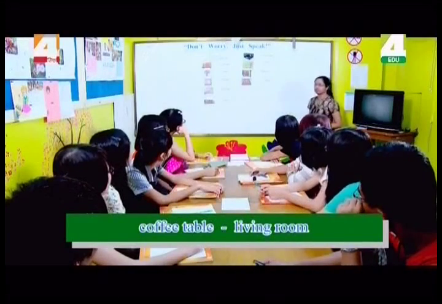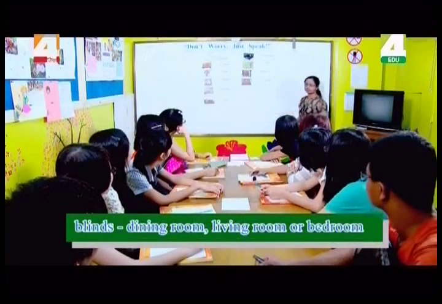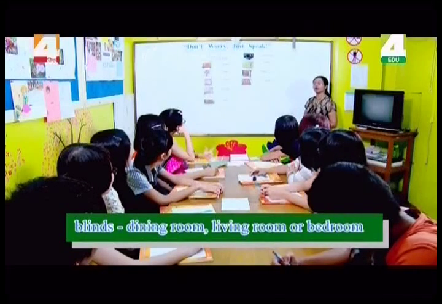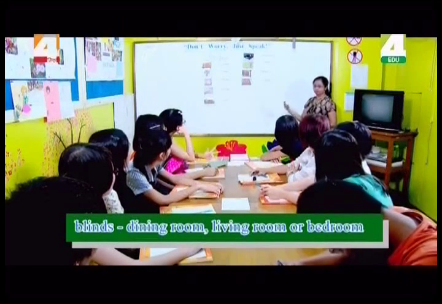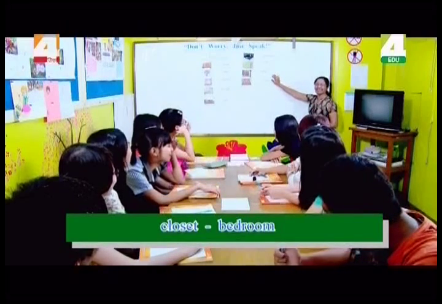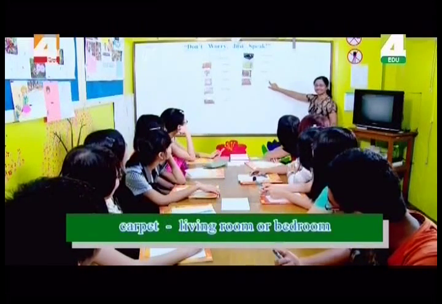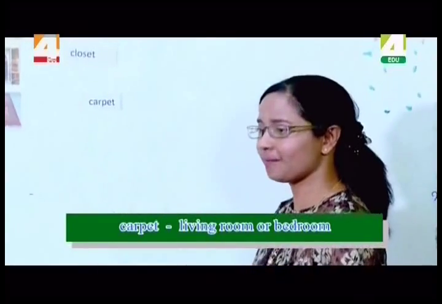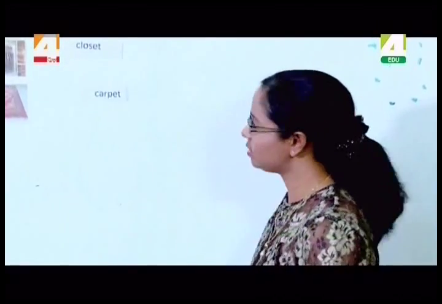Coffee table? Living room. Blinds? Dining room or living room or bedroom. Right. So closet? Bedroom, right. So cupboard, bedroom too, okay? So the things that we use in those rooms, these we call furniture.